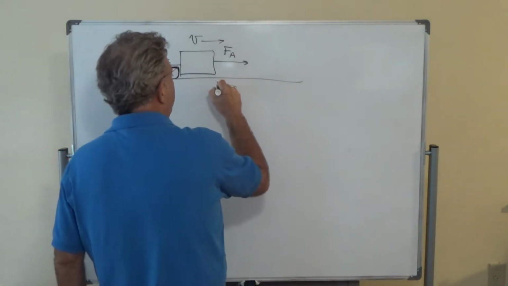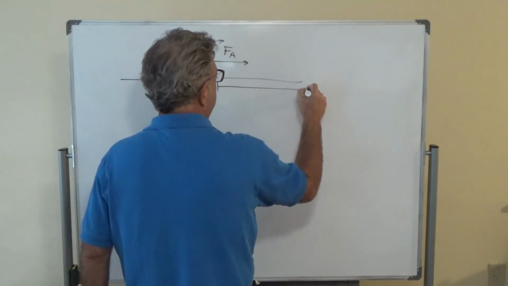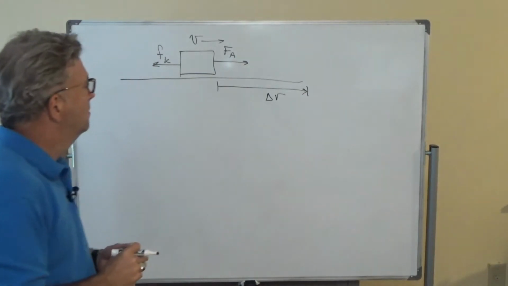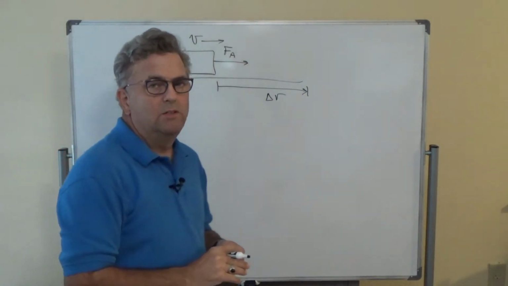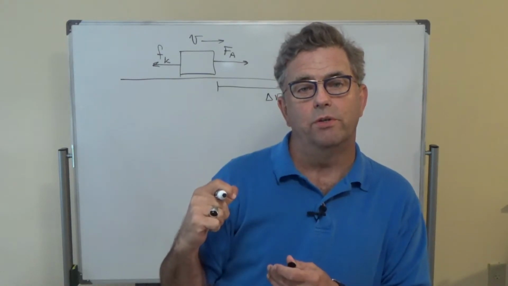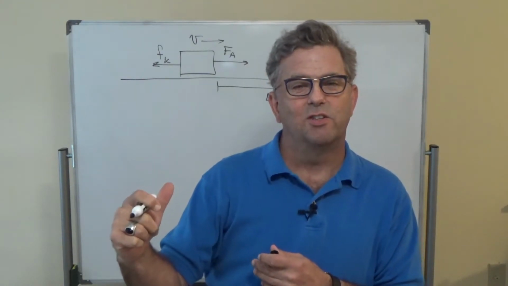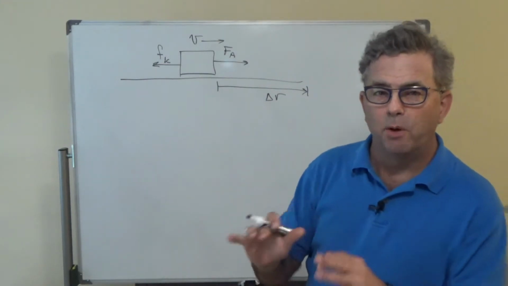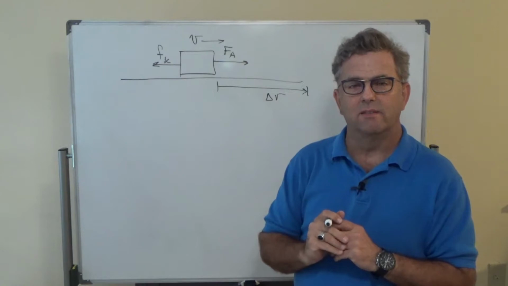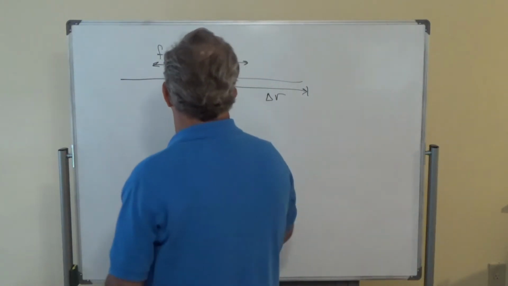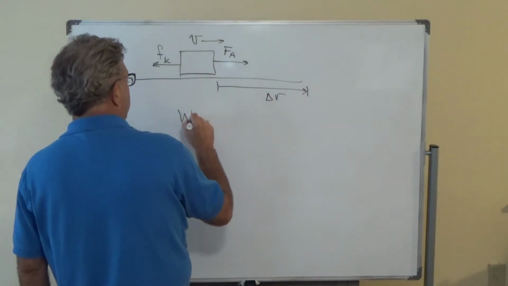You move the box some distance delta r. So that applied force is pushing it. There's a force due to kinetic friction in the other direction, and it's moving along at a constant velocity. How much work is being done? What is the net work on the object?